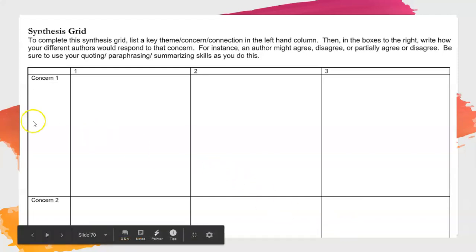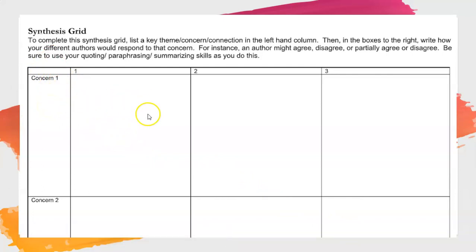In this model, your ideas would go here in concern 1, starting to outline your content pages, and then outlining information from one source, similar information from a second source, maybe a counter-argument from a third source, showing how all of these sources interact, how they relate to the same issue, organizing the information to be able to support one idea with multiple sources.